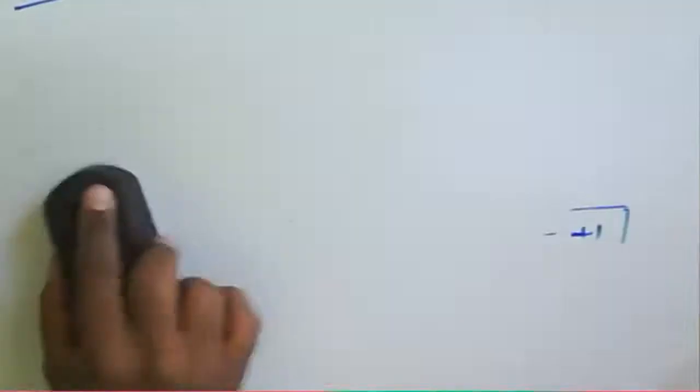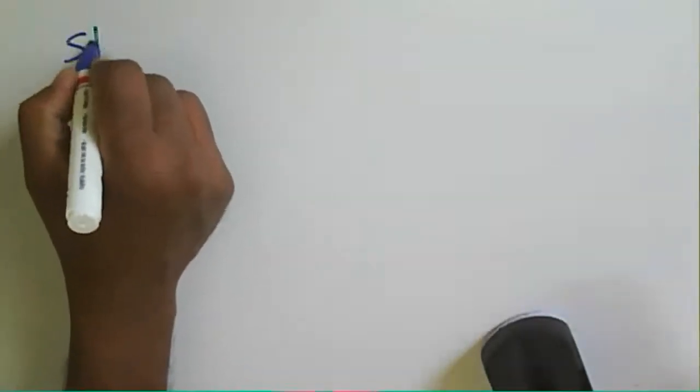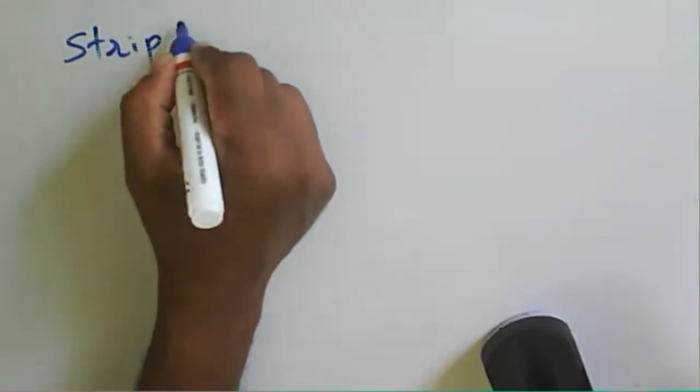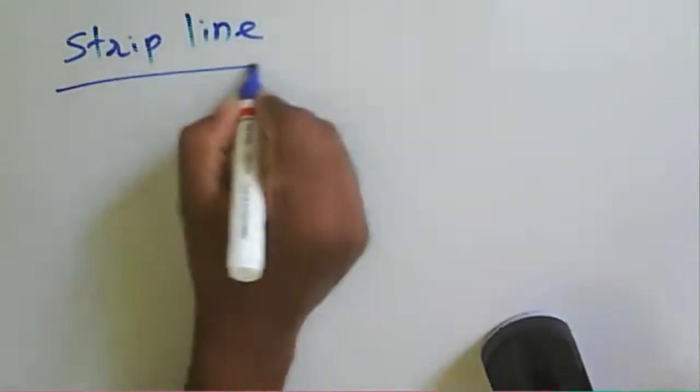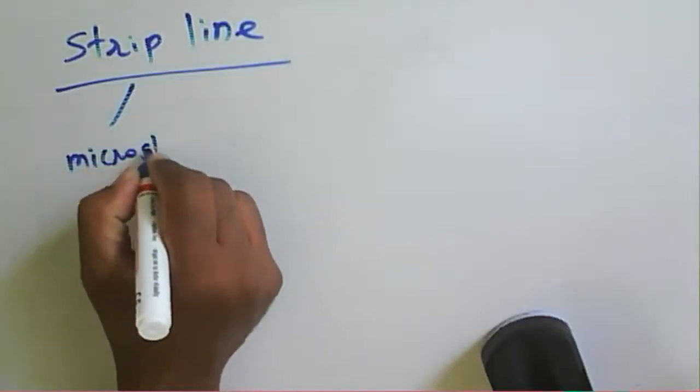Now next, another line, as we said earlier, is the microstrip line. Now if we consider the strip line, generally from the strip line, we have the configuration of what?